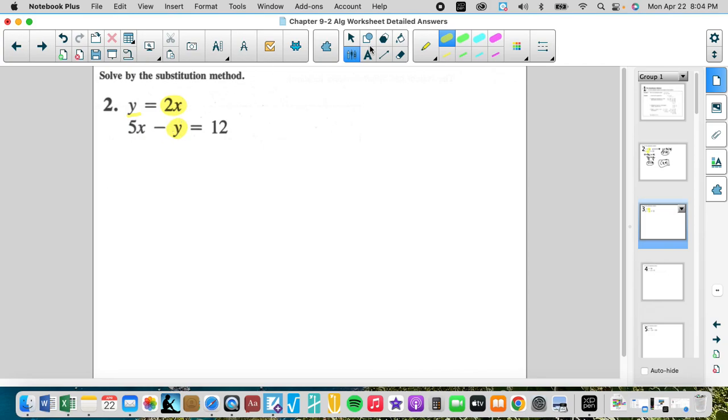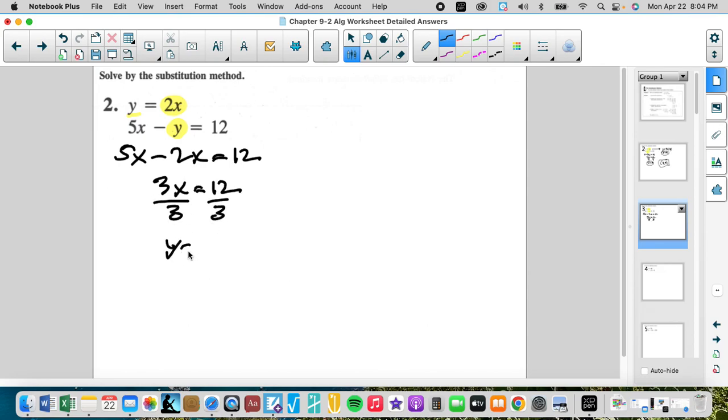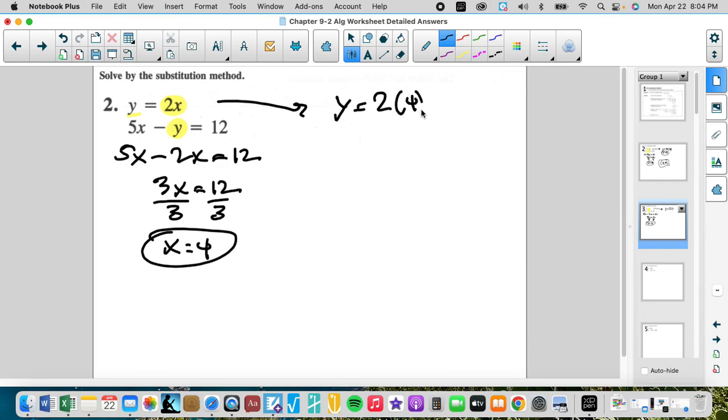Notice this says the opposite of y, so when we rewrite this equation, we have 5x minus the y value, which is 2x equals 12. 3x equals 12, divide by 3, x equals 4, and then we take this, y equals, my x value is 4, so y equals 8, and my coordinate is 4, 8.